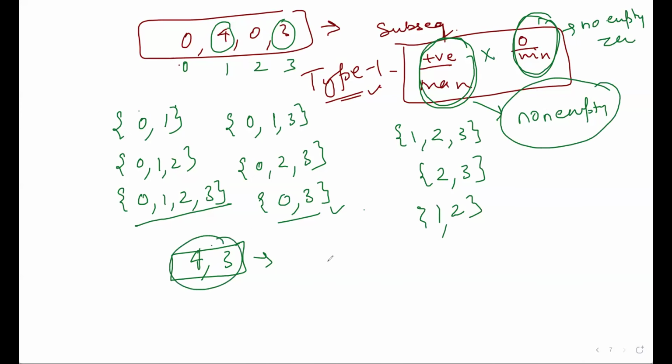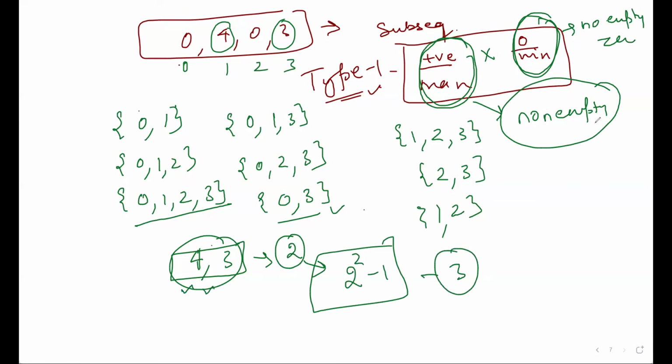We have two positive elements, 4 and 3, so the total number of non-empty subsequences in this case is 2 to the power 2 minus 1, which is 3. And we already saw we have two zeros, so the non-empty 0 subsequences we can have is 2 to the power 2 minus 1, which is 3. So the total number of type 1 subsequences is 3 into 3, which is 9.